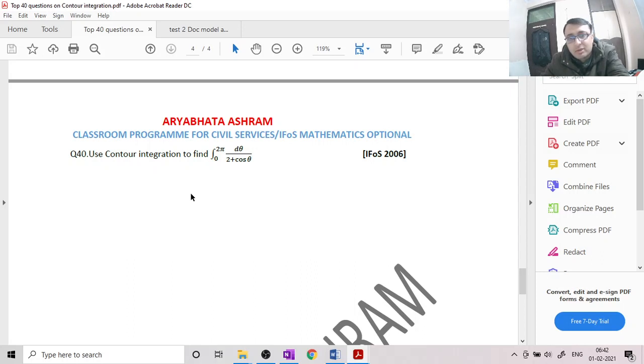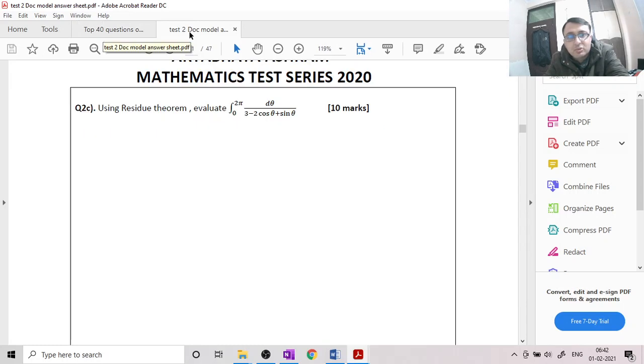So these questions are very important, and if you know beforehand what the answer is, then you can always reach it. On a similar pattern we have given in our test series, using the residue theorem, we have to evaluate the integral from 0 to 2 pi of d theta upon 3 minus 2 cos theta plus sine theta. As already reiterated in the analysis part, when we integrate along a unit circle, d theta by alpha plus beta cos theta plus gamma sine theta is equal to 2 pi under root alpha square minus beta square minus gamma squared.